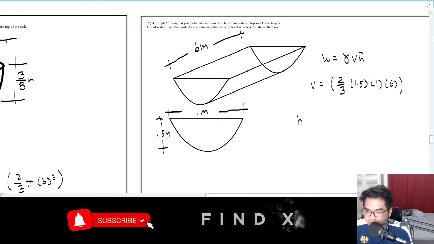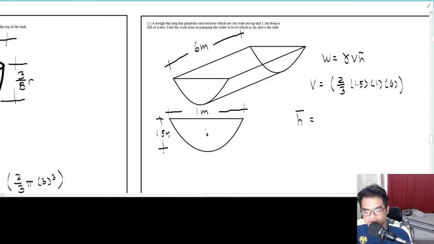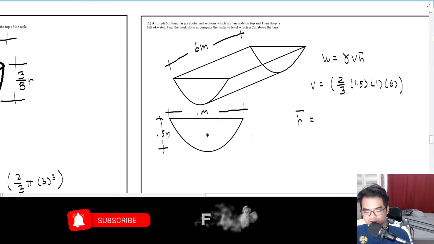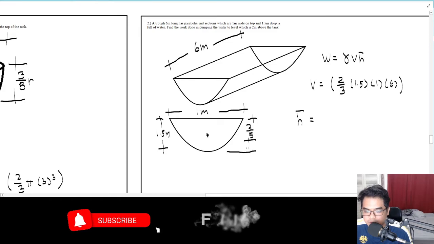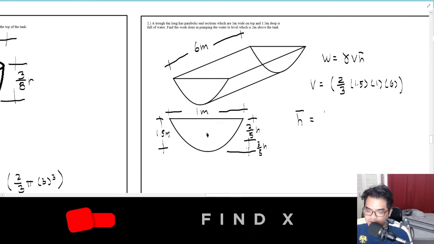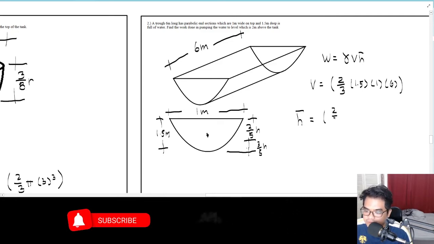How about the h bar? If this is the centroid, this is 2/5 and the remaining part from here is 3/5 of the height. So the h bar is 2/5 times the height, and the height is 1.5.